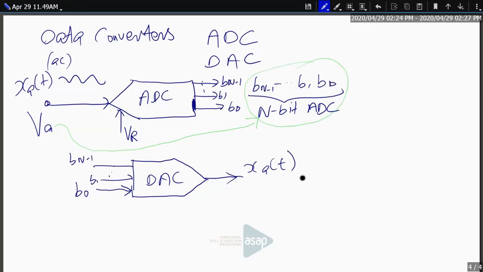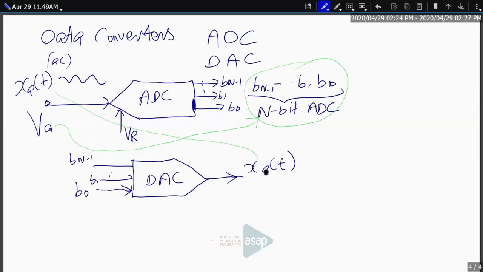The output of this ADC is V0, V1, etc. up to say Vn minus 1. This means a bit stream of the kind V0, V1, etc. up to Vn minus 1. In such a situation, we call it an n-bit ADC.